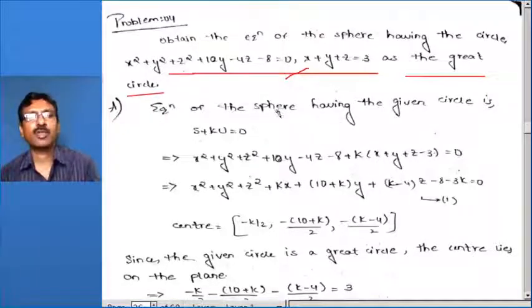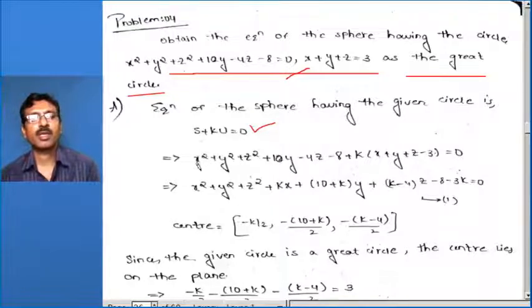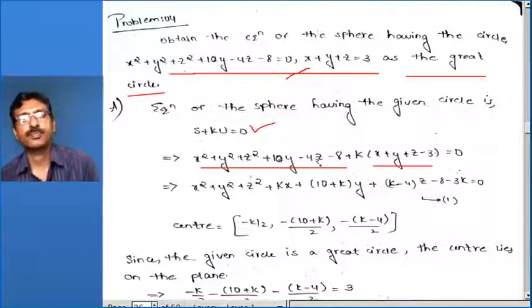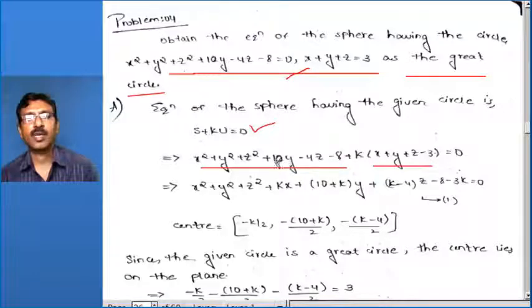So let the equation of the sphere having the given circle be S plus kU equal to 0. Here it is S, and from the given equations, kU equal to 0. Rearranging the terms: x square plus y square plus z square plus kx plus 10y plus ky.